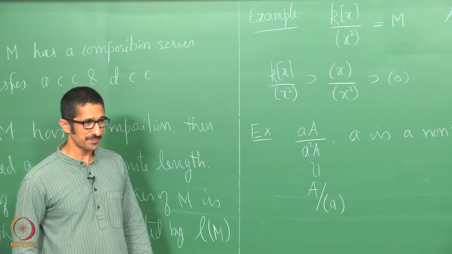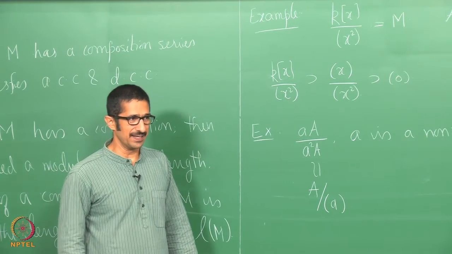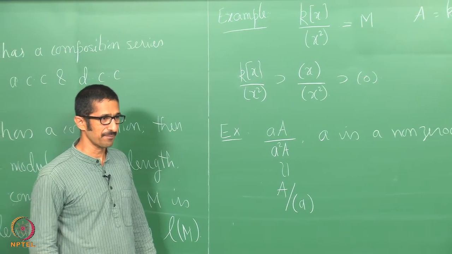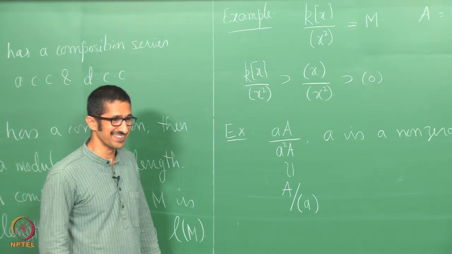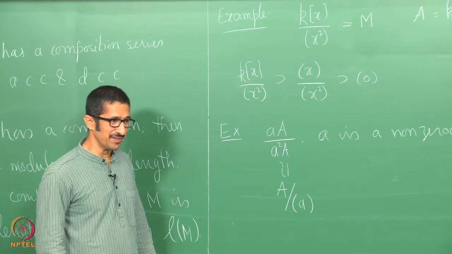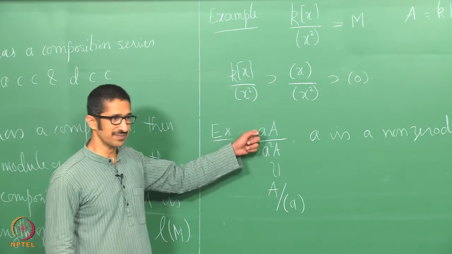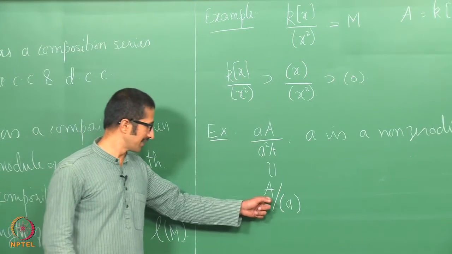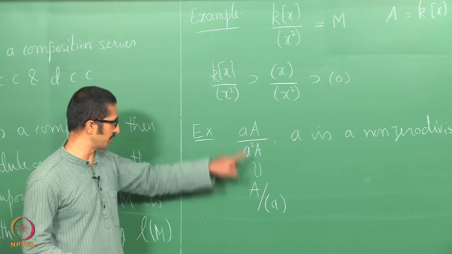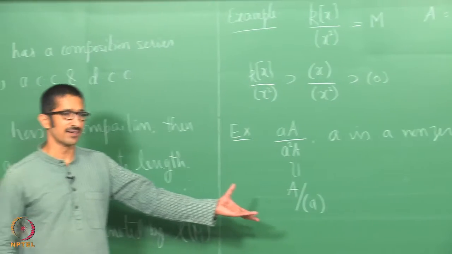Suppose you want to prove this, how do you go about doing it? From where to where? Send a map x going to ax bar, and look at what is the kernel.